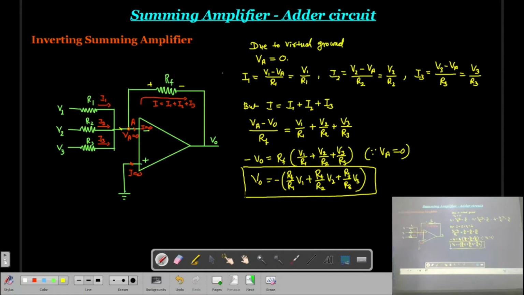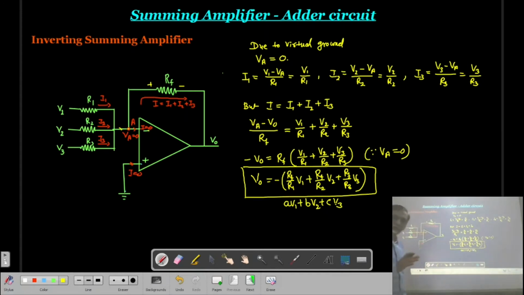Whenever we have a linear expression AV1 plus BV2 plus CV3, and we want to construct the circuit, then A will be equal to RF by R1, and you can select the value of resistance R1. B will be equal to RF by R2, C will be equal to RF by R3, and in that manner you can construct a circuit.